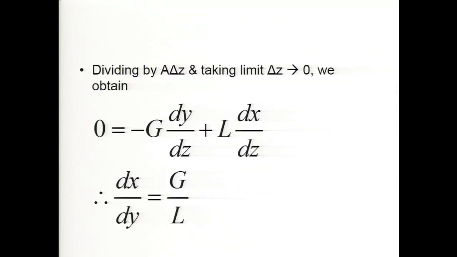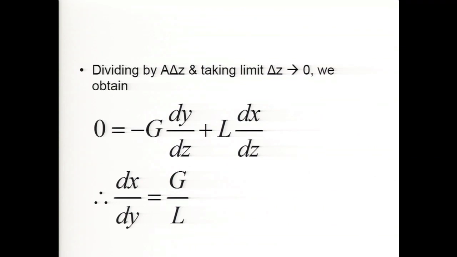Next, knowing that at z equal to 0, that is at the bottom, the mole fraction of gas will be y0 and the mole fraction of liquid will be x0, we should be able to integrate this equation.